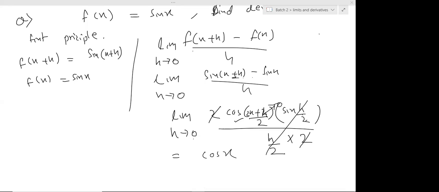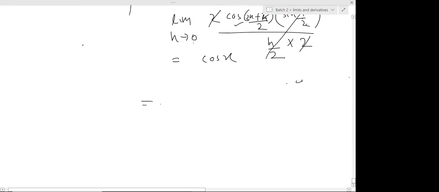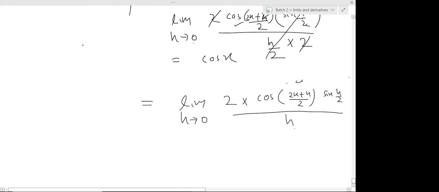All right, Aman. See, what we got here is 2 times the limit h tending to 0 of cos of (2x plus h) by 2 times sine of h by 2, whole divided by h.